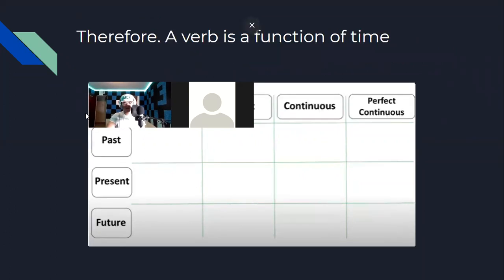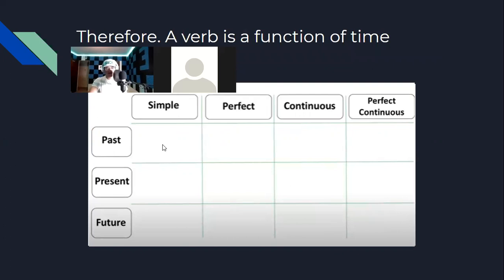Therefore, a verb is a function of time. How the formula for the verb is going to be structured in each of these verb tenses is going to depend on the time. And not just past, present, and future, but it's also a combination of simple, perfect, continuous, and perfect continuous.